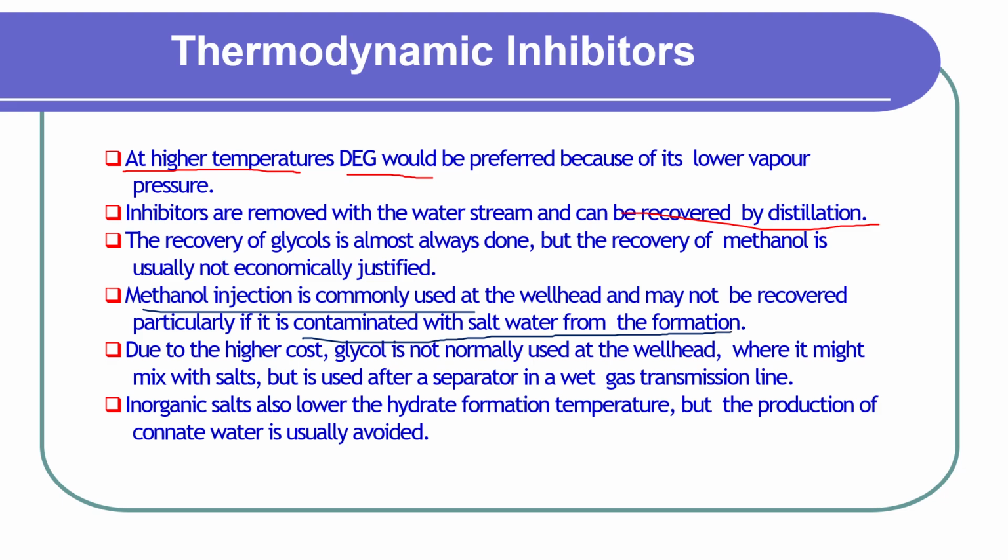So if you are injecting the chemical at the wellhead, it's good to inject methanol. Why is that? Because any chemical that you inject at the wellhead will be mixed with the salt coming from the rock formation, and as a result it will be very hard to separate or recover that chemical. So it's better to use methanol, because methanol will not be recovered anyway.